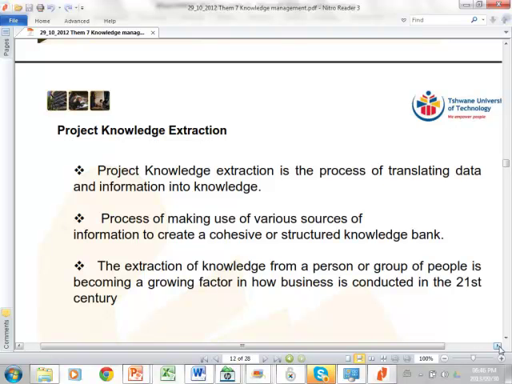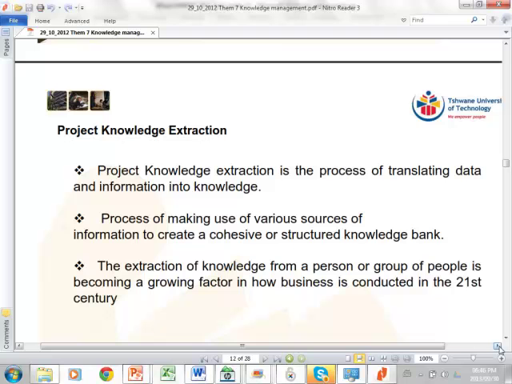Remember, data is just the loose standing points. Information is where we've looked at the relationships, and knowledge is where we understand the patterns. Does that make sense to everybody? That comes from that diagram that we spoke about right at the beginning. So it's the process of making use of various sources of information to create a cohesive, structured knowledge bank.